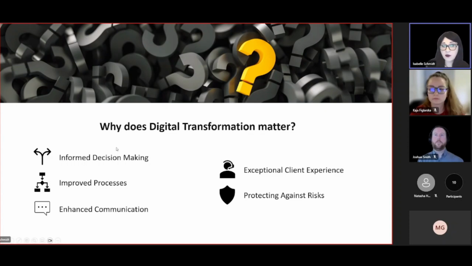We have an example that one of our colleagues likes to use from his personal experience about digital transformation. It's the story of two landscaping companies. They had been dealing with a landscaping company for a long time, several years. And when you think about a landscaping company, what's prime for digital transformation?